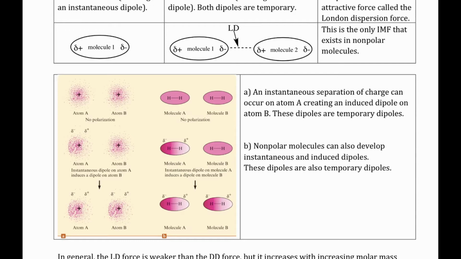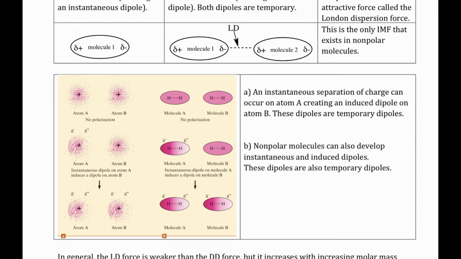But then they move over to the left side. That gives the left side of the atom a partial negative charge, right side a partial positive charge. And it induces, in the bottom diagram on the left, the electrons to be pulled toward the left in atom B, that nearby atom. And the attraction between atom A and B is this London dispersion force.